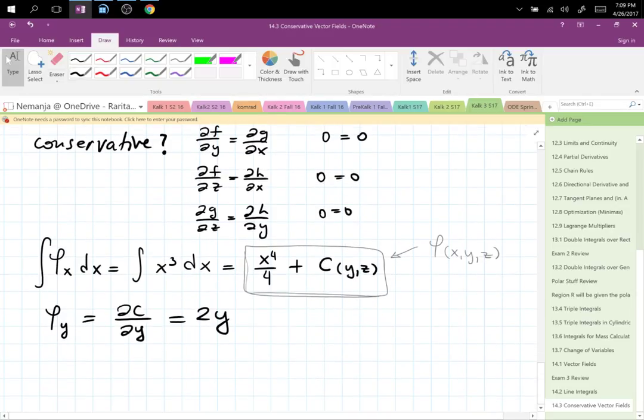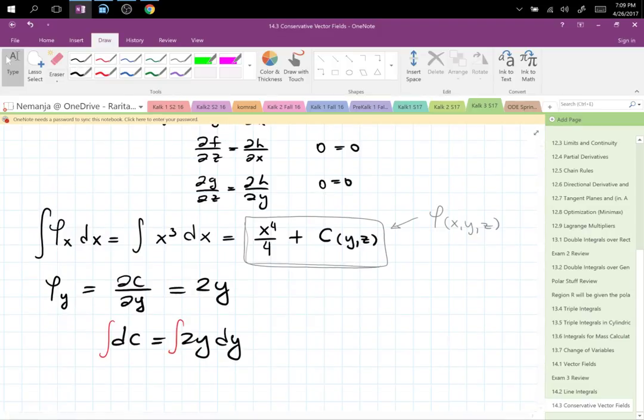You have a differential equation here: dc is equal to 2y dy. Integrate both of those, and you get that your c is going to be y squared over 2, and the 2 cancels, plus some constant k, which is with respect to z now.